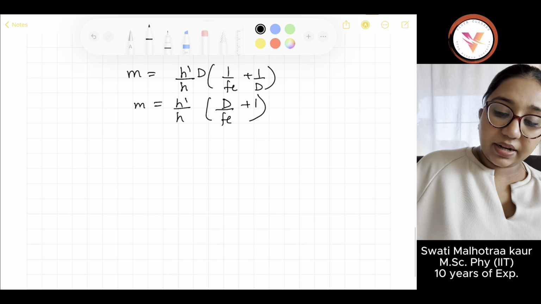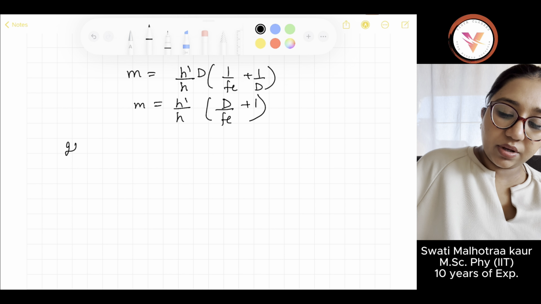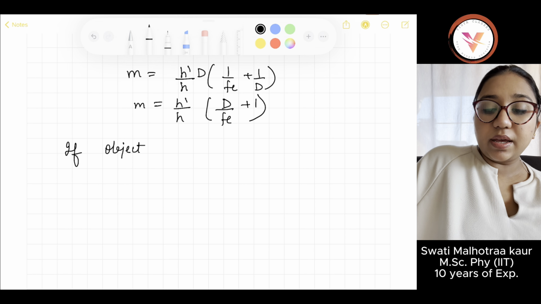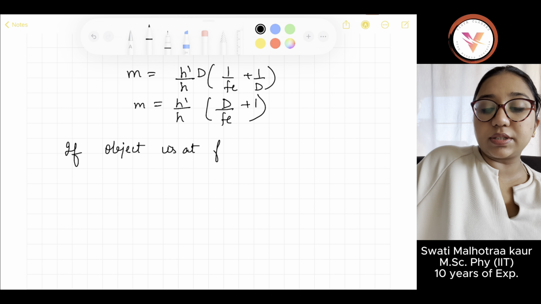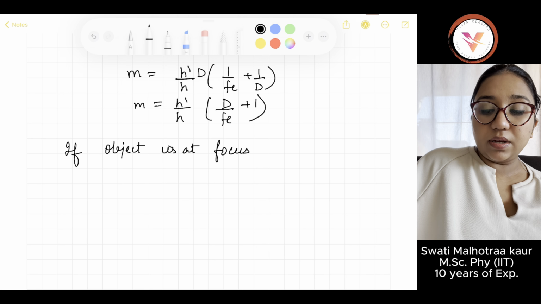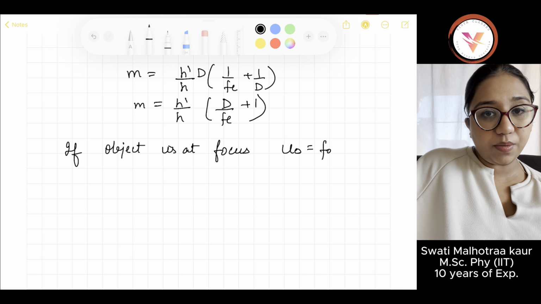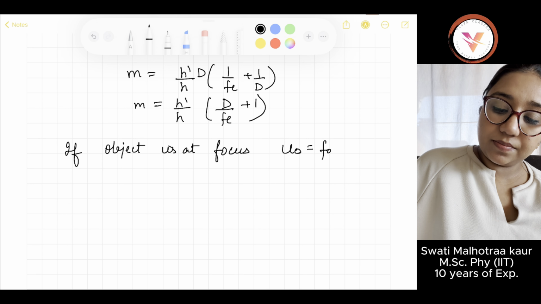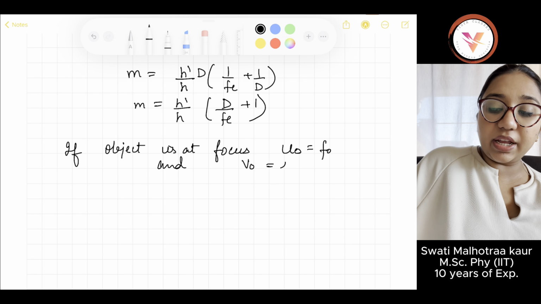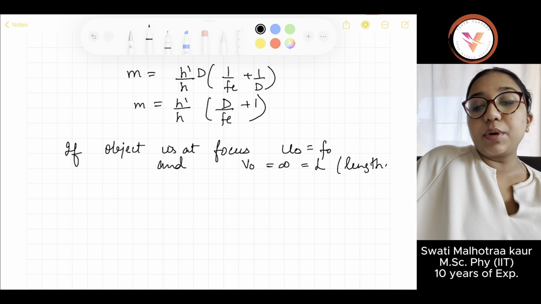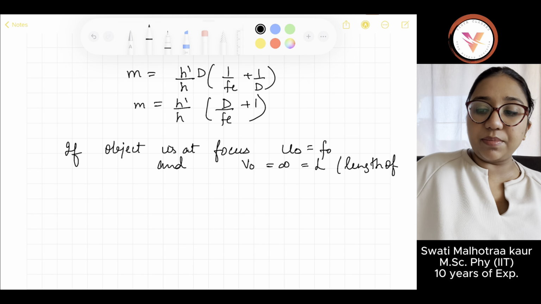Fine. And here we can also say that if the object is at focus, then your UO will be equal to FO, and the image would be formed at infinity, which should be L, that is the length of the microscope, because that is the maximum length.